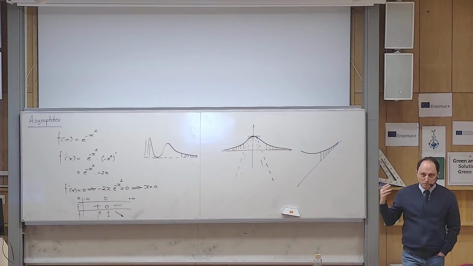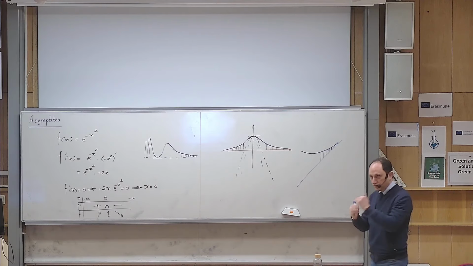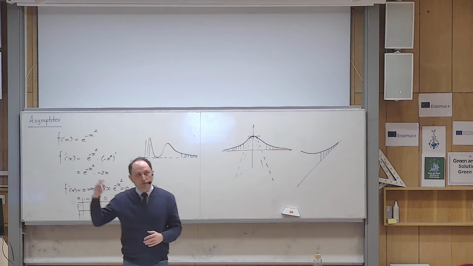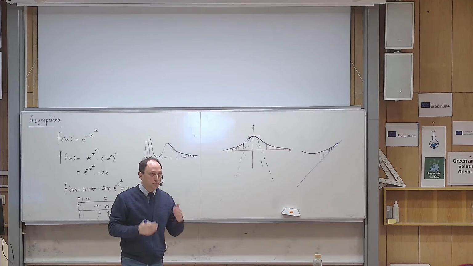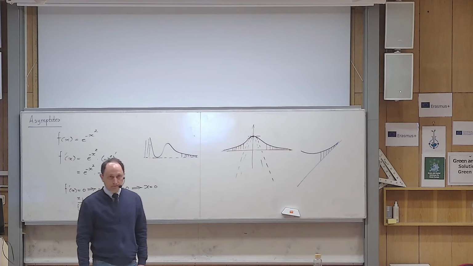So that is the asymptotic behavior. Is that clear? The deviation from the curve to a straight line becomes negligible either on the far right side or on the far left side, or both.